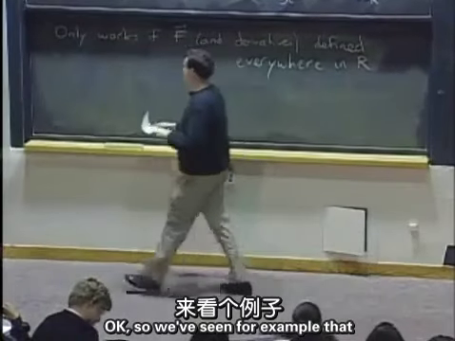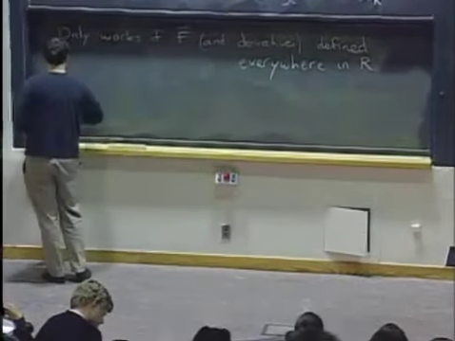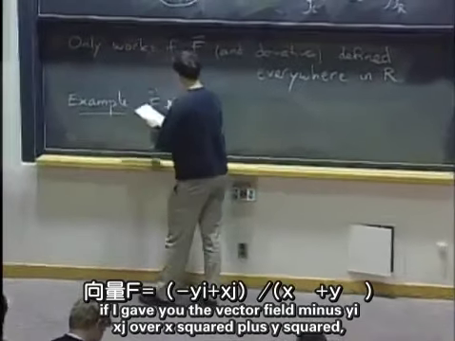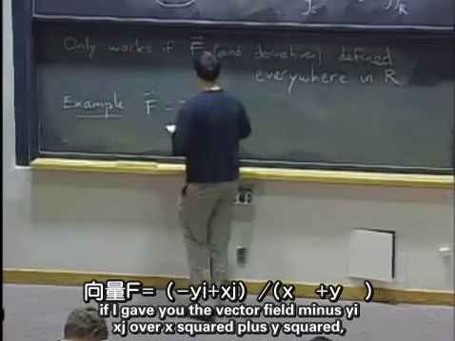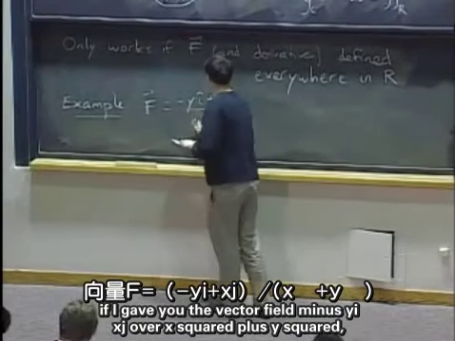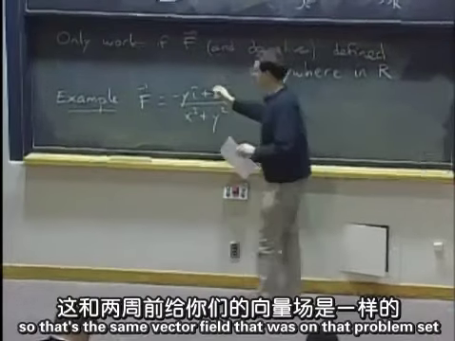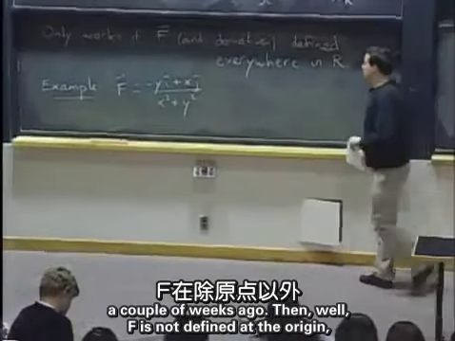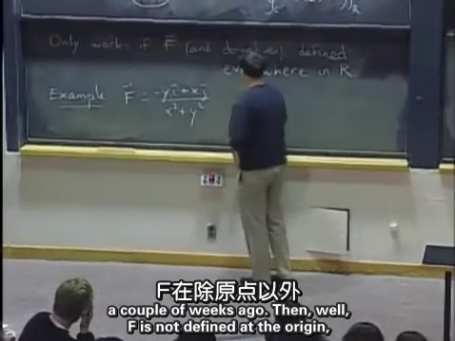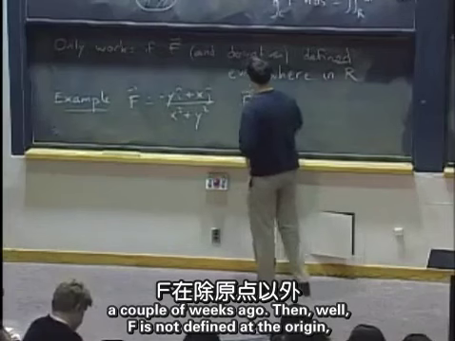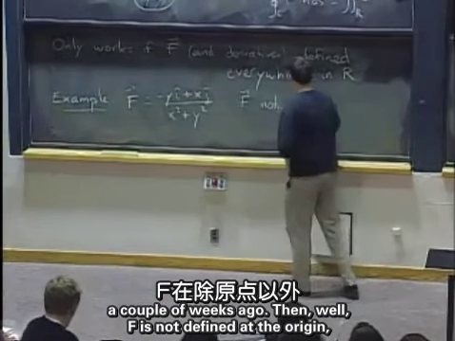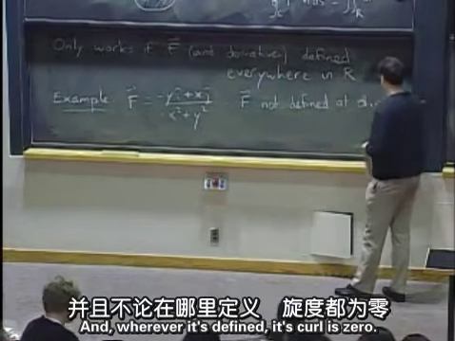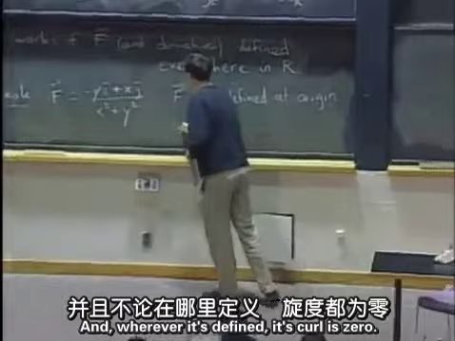So we've seen, for example, that if I gave you the vector field (-y i + x j) over (x squared plus y squared), the same vector field that was on that problem set a couple of weeks ago, then F is not defined at the origin, but it's defined everywhere else. And wherever it's defined, its curl is 0.